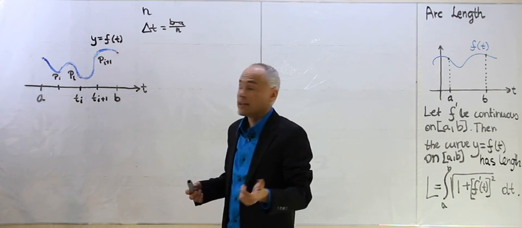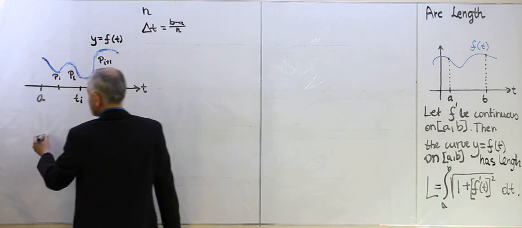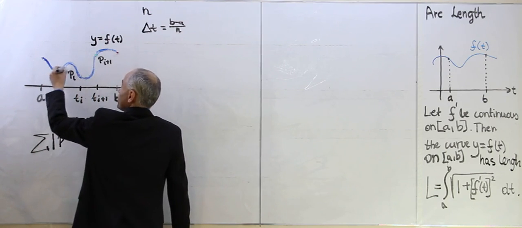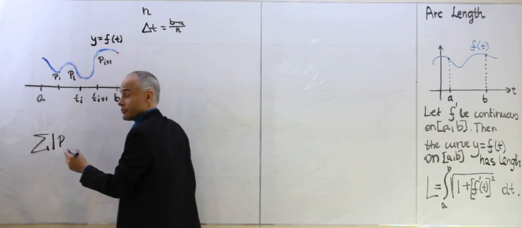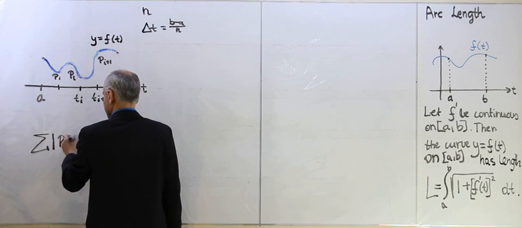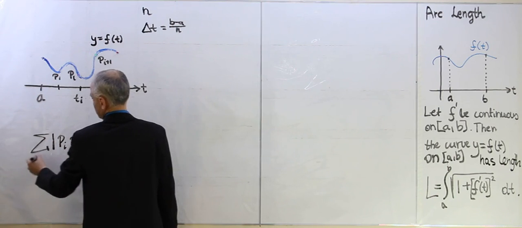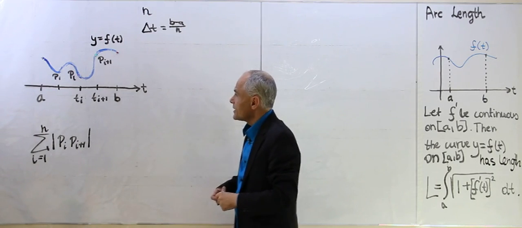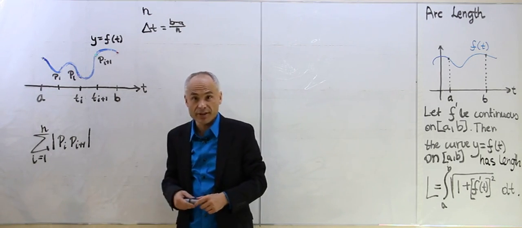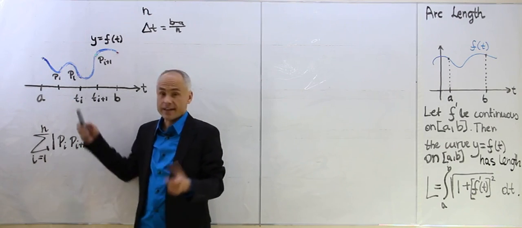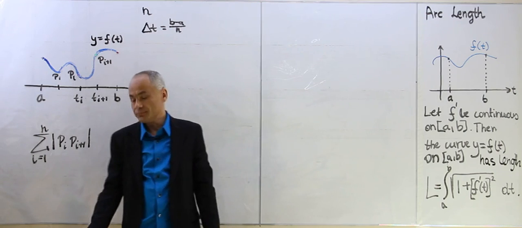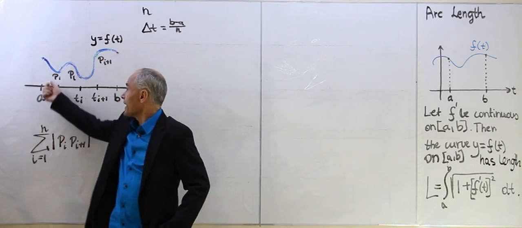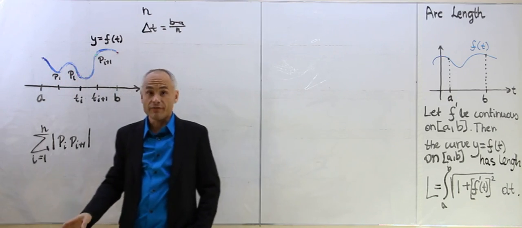So then our approximation would be the summation of the distances between the consecutive points on the curve, these points Pi. So that could be our approximation, right? And now if I let delta t go to 0, all these subintervals have the same length, then n goes to infinity, I will get many more points on the curve.